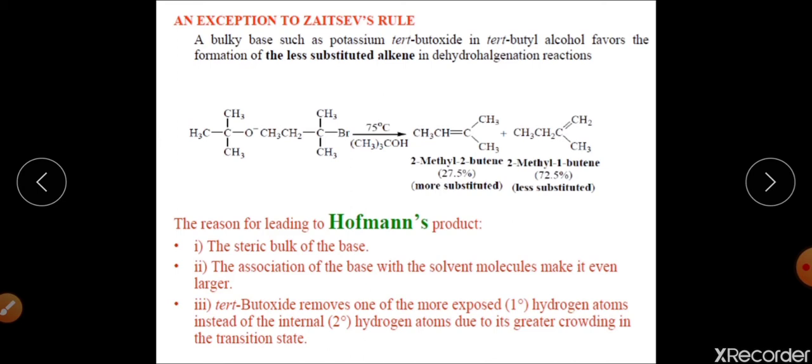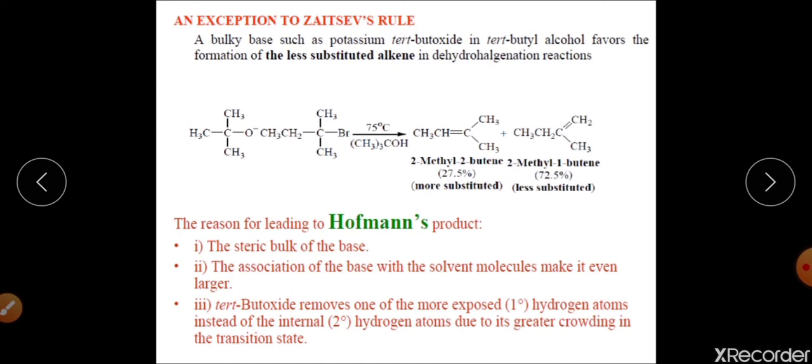And what is the reason behind that? As we know, Saytzeff products are major, they are more stable, because a highly substituted alkene will be synthesized in that case, so they will be stable. Then why the Saytzeff product?